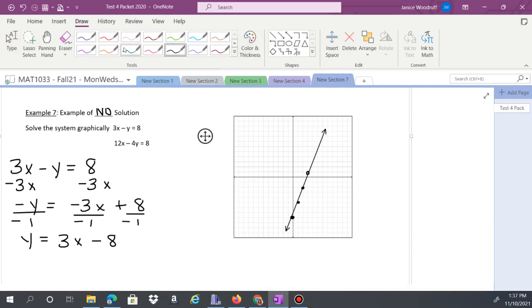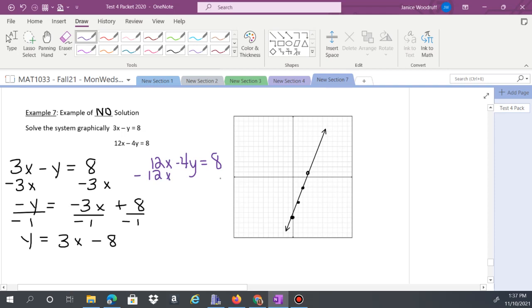Okay, then we're going to take a look at our second equation, 12x minus 4y equals 8. We want to get y by itself, so we'll subtract the 12x. That's going to give us negative 4y equals negative 12x plus 8.